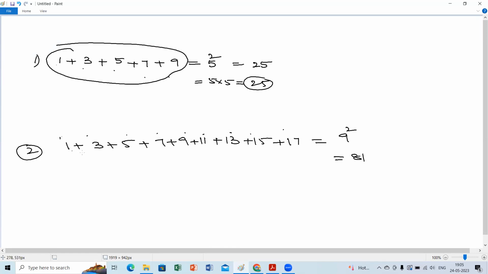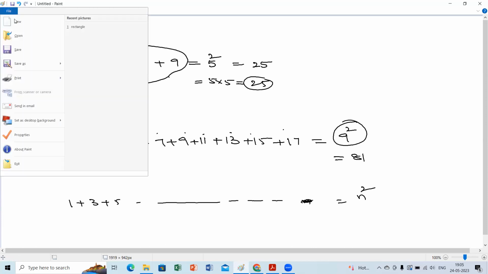So the sum of the first n odd natural numbers, 1 plus 3 plus 5 and so on, adding n numbers, we will get n square. This is a very important pattern we discussed in the previous class.